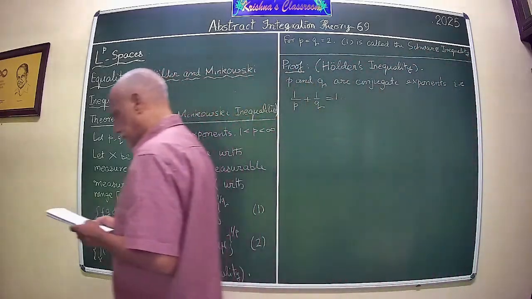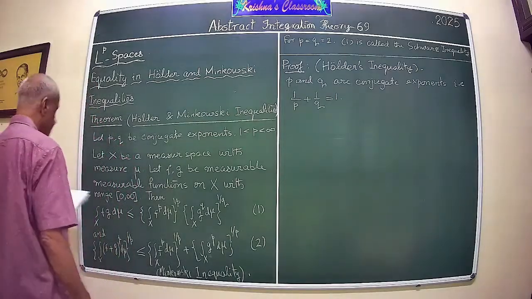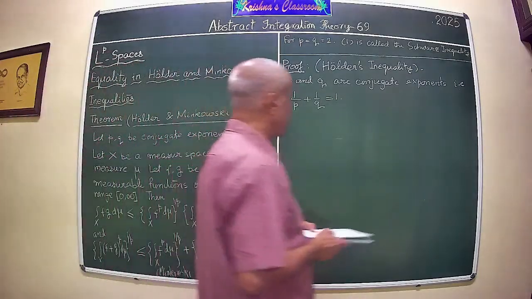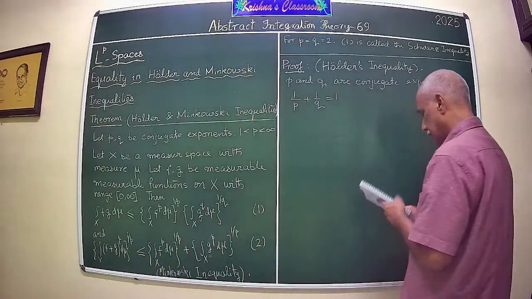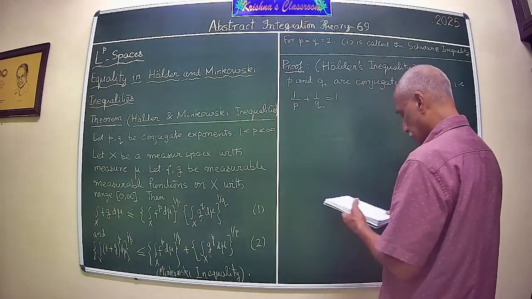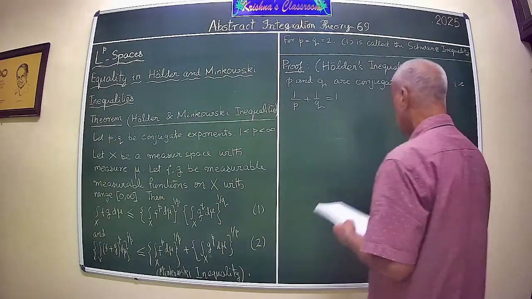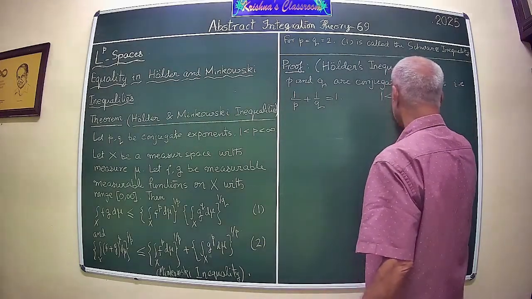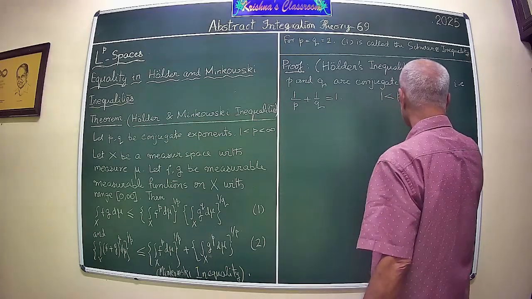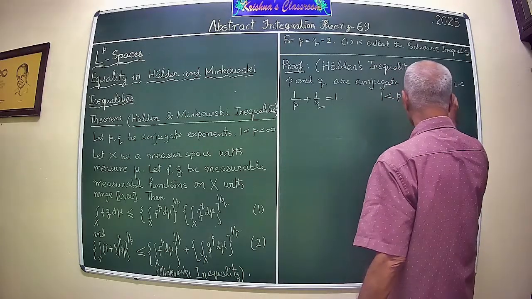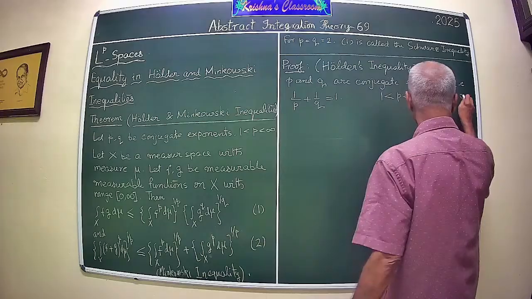Both p and q are real and positive. So we have the situation where we are assuming 1 less than p less than infinity, and 1 less than q less than infinity.